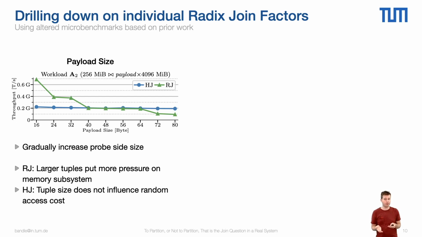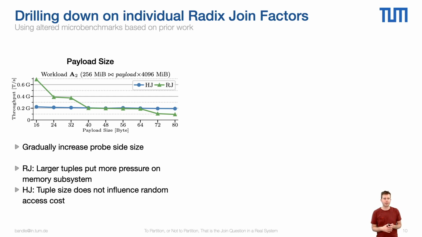For the hash join, however, the performance is still mostly influenced by the number of random accesses. And when having a larger tuple, it doesn't make a big difference because the random access is still the most costly thing here. And so we can see that the larger the payload size gets, the less beneficial it is for a radix partition join.